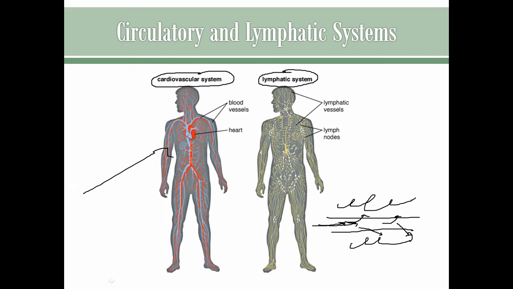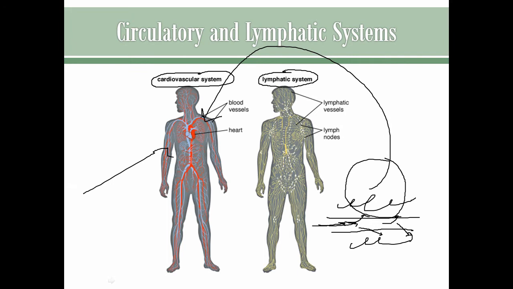So what our body has is a mechanism to capture all this liquid and return it back to the heart to keep the blood full of liquid. And the lymphatic system is the system that does that. So it collects fluid and returns it to circulation.